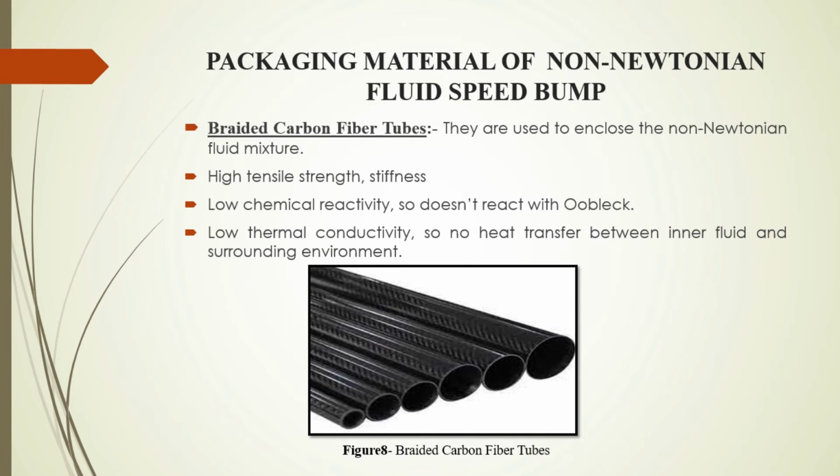It has low thermal conductivity, so there is little heat transfer between the inner fluid and the surrounding environment. This is the main packing material used in the non-Newtonian fluid speed breaker to enclose the oobleck mixture.